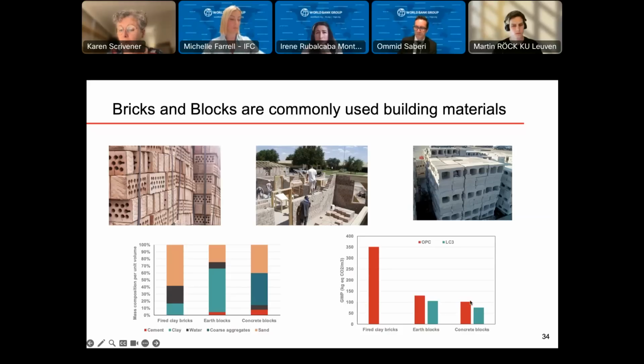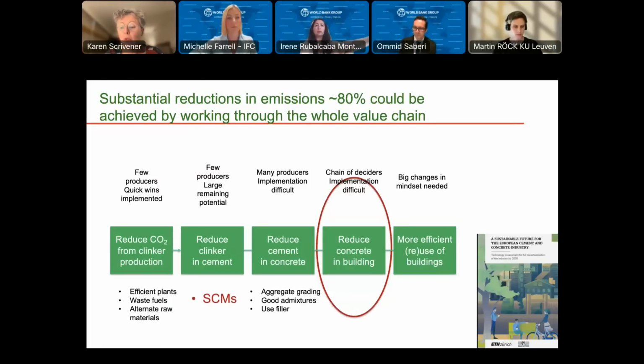Concrete blocks are in fact more efficient. And we can make those concrete blocks more efficient still by using this LC3 binder. So those are just 2 examples which really highlight how there's considerable room for progress in building materials while ending up with a product that's basically the same, that people can use.